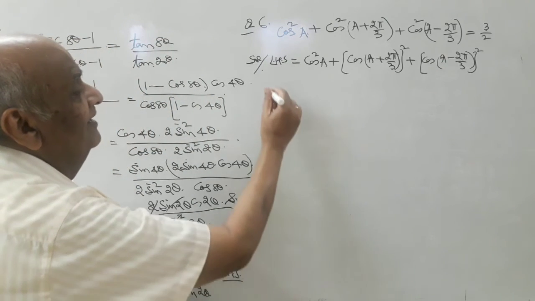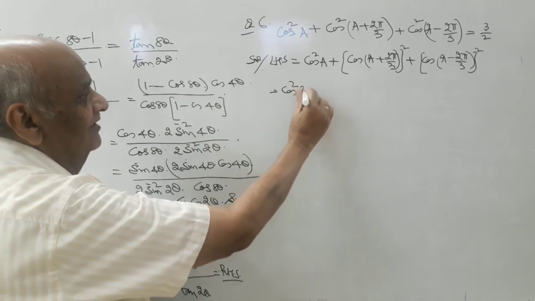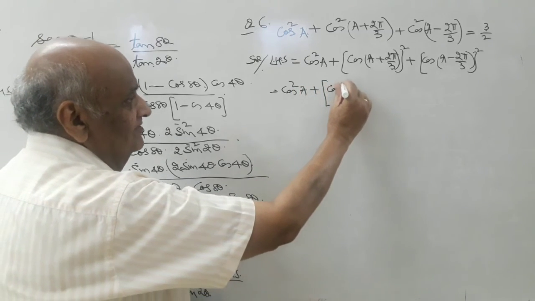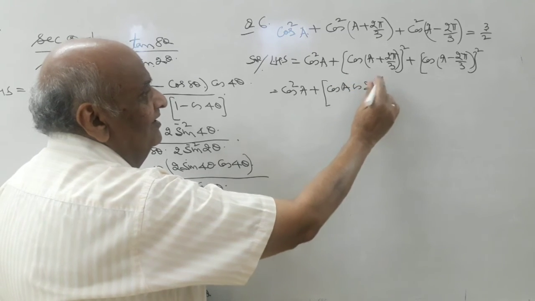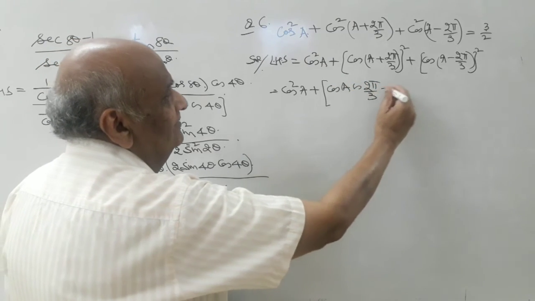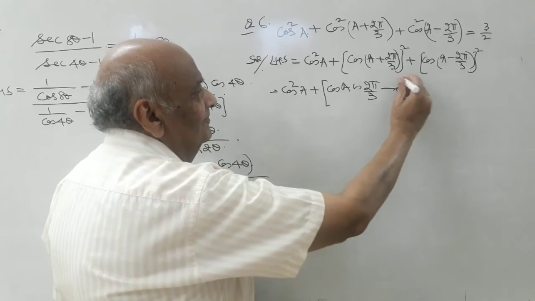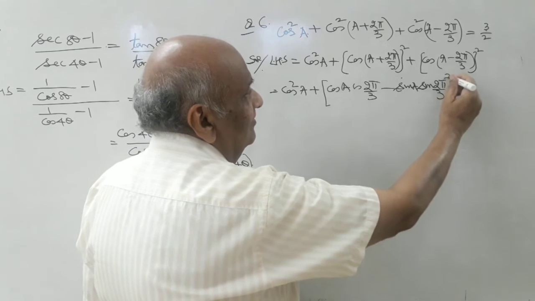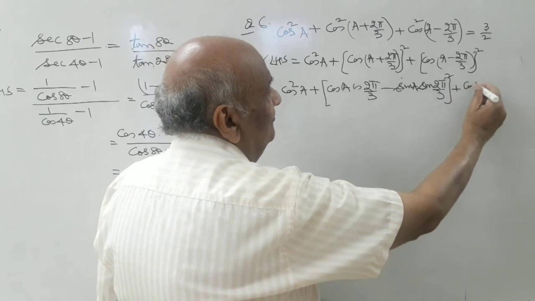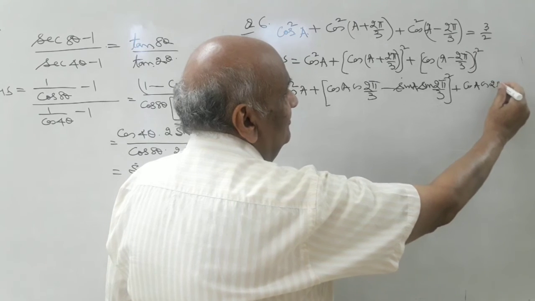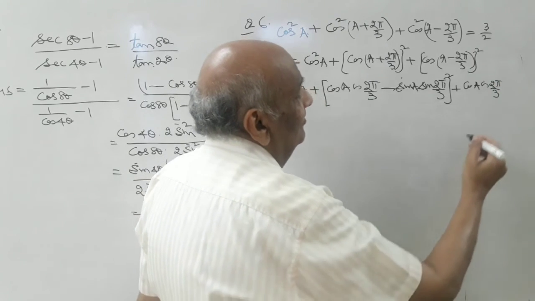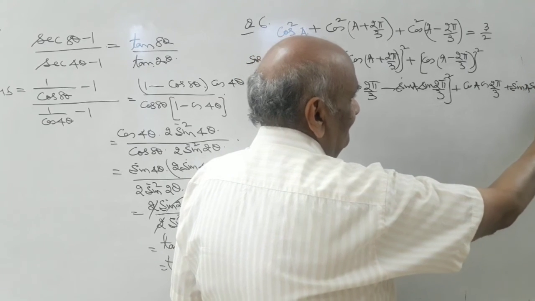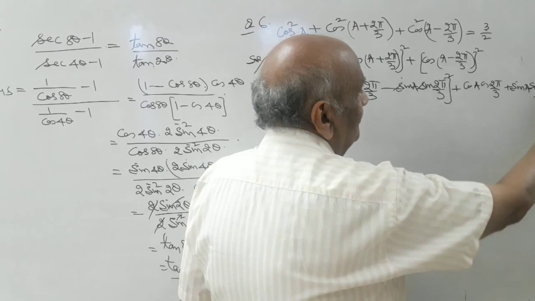And now apply this formula a plus b: cos square A plus, cos A cos 2 pi by 3 minus sin A sin 2 pi by 3 the whole square, plus cos A cos 2 pi by 3 plus sin A sin 2 pi by 3 the whole square.